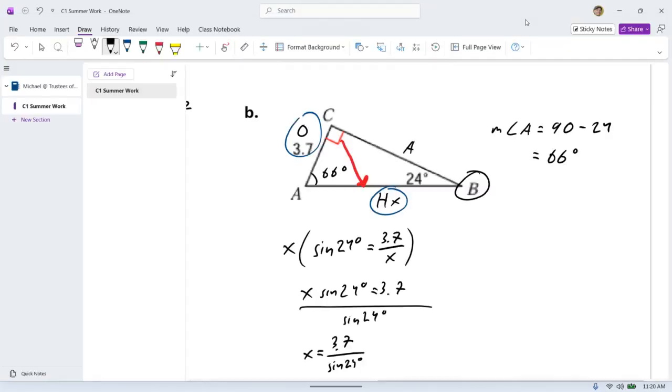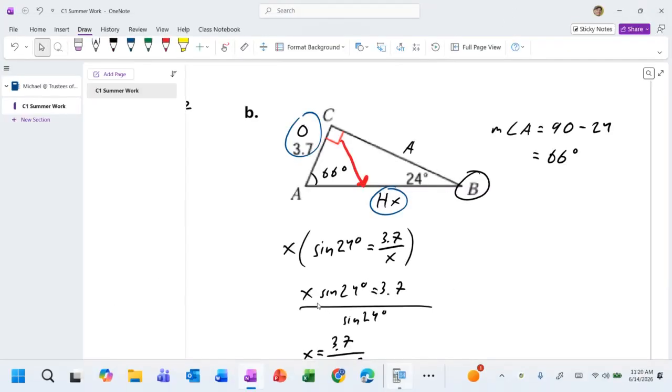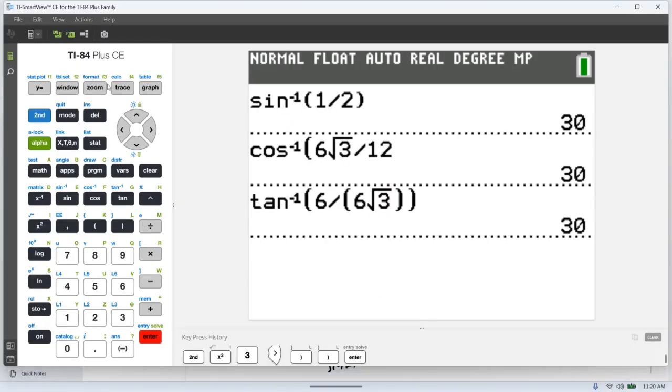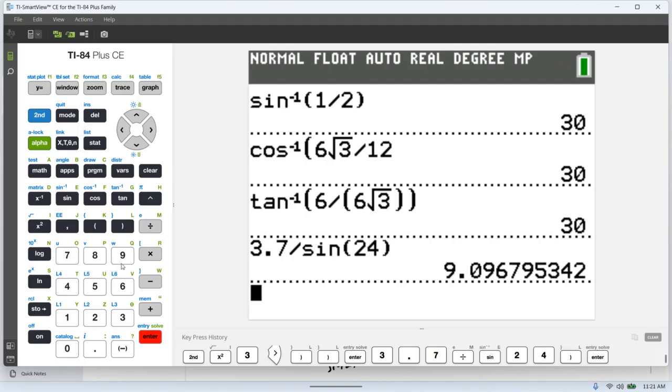So now, if I want to evaluate that, just make sure that we do this correctly on the calculator. Again, you want to make sure that you're in degree mode, which I am. So I want to do 3.7 divided by the sine of 24. And it said to round answers to the nearest tenth, so my answer is going to be 9.1.